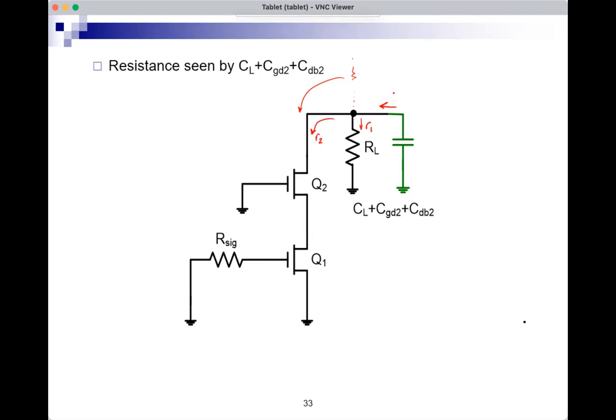I still see R1 parallel R2 when I want to calculate R. And if I look at the formula sheet and I'm looking into the drain of a MOSFET with no signal here and no signal here, and there is another MOSFET between the source of the first and ground, then R2 will be from the formula sheet rO1 plus rO2 plus gm2 rO1 rO2. R1 is simply RL, and R is R1 parallel R2. So you plug in RL parallel with this quantity.